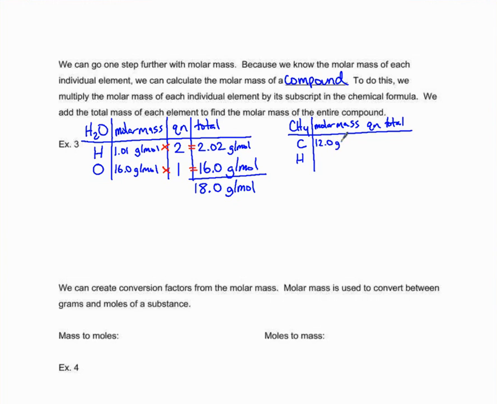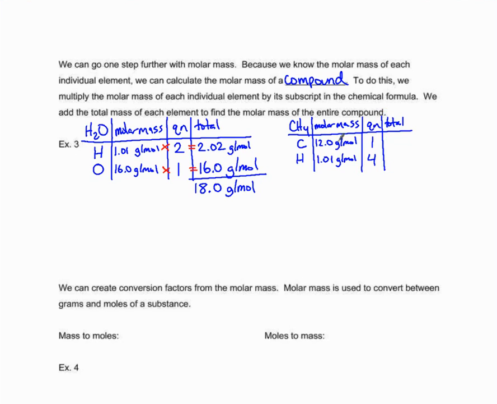Carbon is 12.0 grams per mole, hydrogen 1.01 grams per mole. We know that there's one carbon. We find that number from the formula. And we know that there are 4 hydrogens. This number comes from the formula.